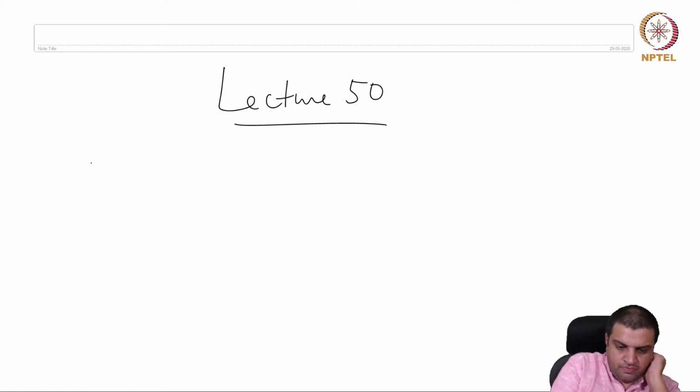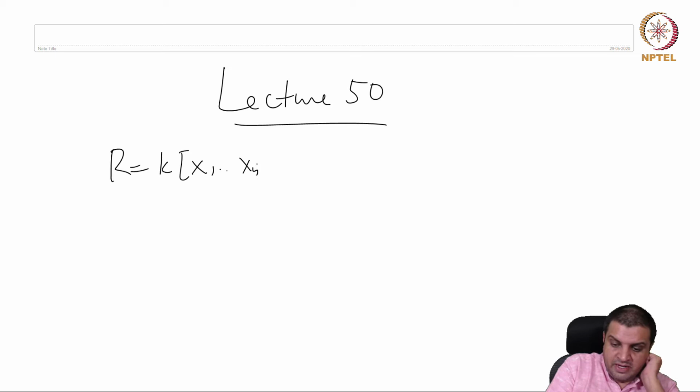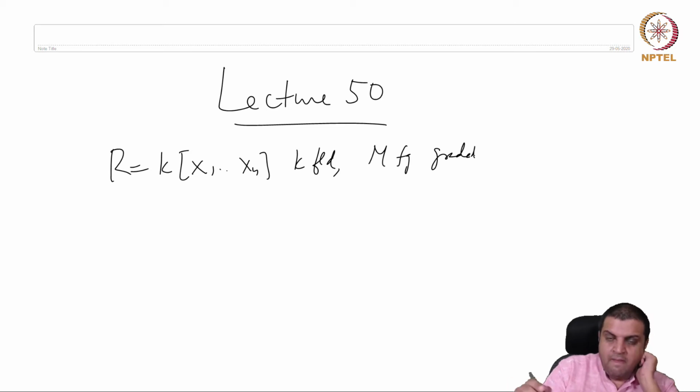Okay, so we continue the notation. R is a polynomial ring over a field in n variables, and M is a finitely generated graded module. We have various things that we have defined so far.